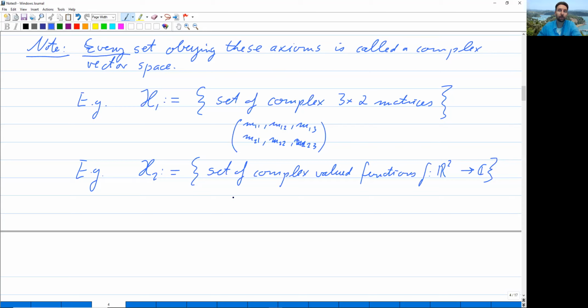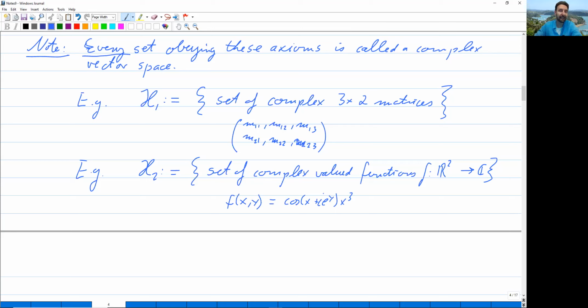So what would be typical elements? Well, for example, f of x and y equal to cosine of x plus e to the power y, x to the third. Let's put an i in here. All right, that would be a complex valued function over R2. Now, if you add two of such functions, complex valued functions, well, you get another one.